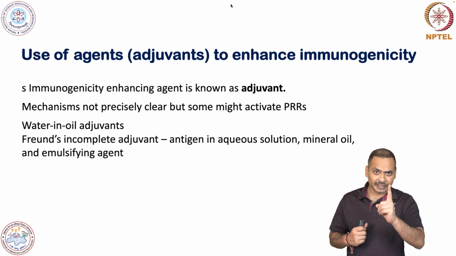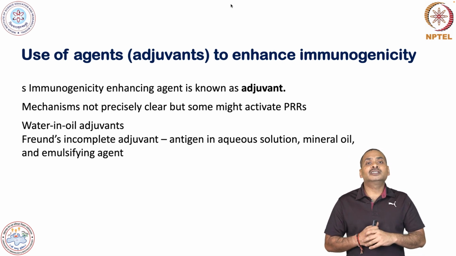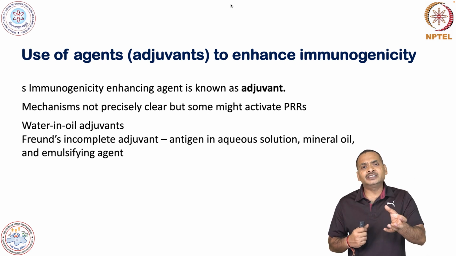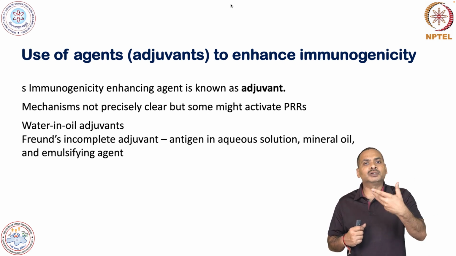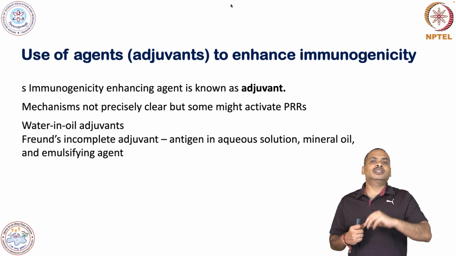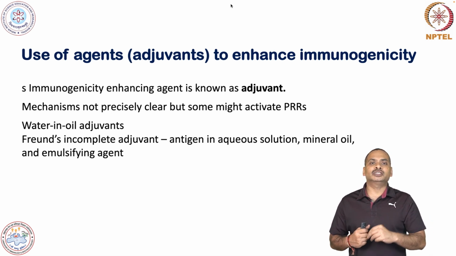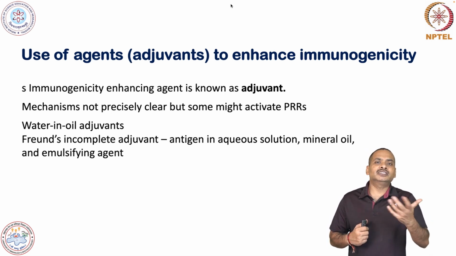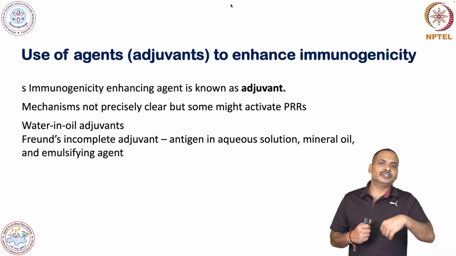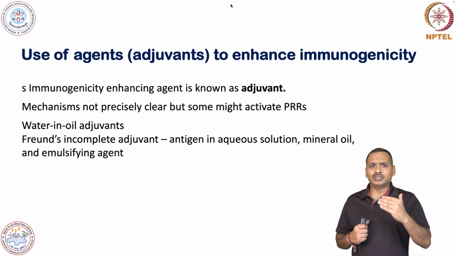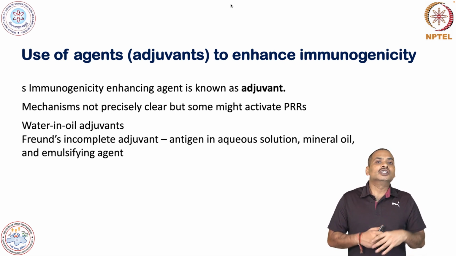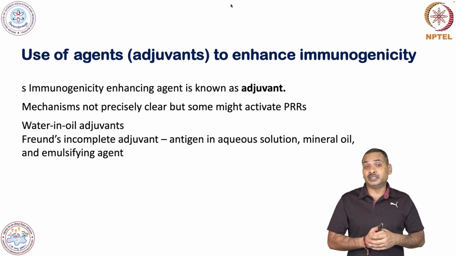This is one aim. Another aim is that it makes the antigen phagocytosable. For example, if you inject a BSA solution, it will disappear in the host. Either it will cause shock if the amount is more, or if it is less, it will be immediately cleared. So what we do is make an emulsion.